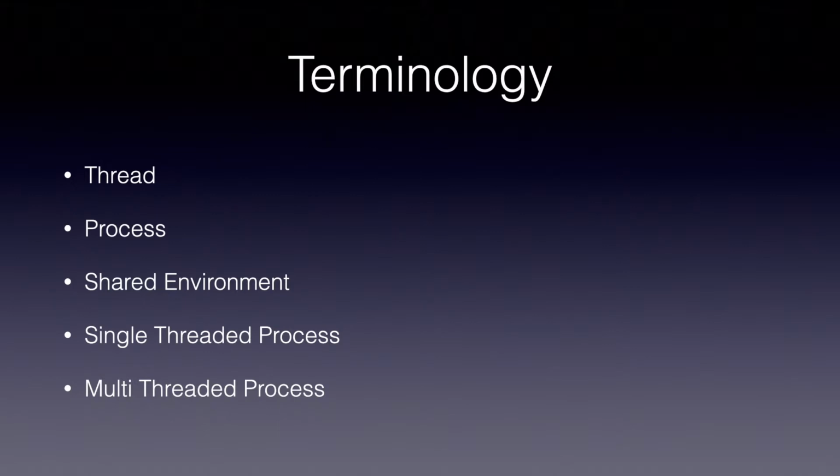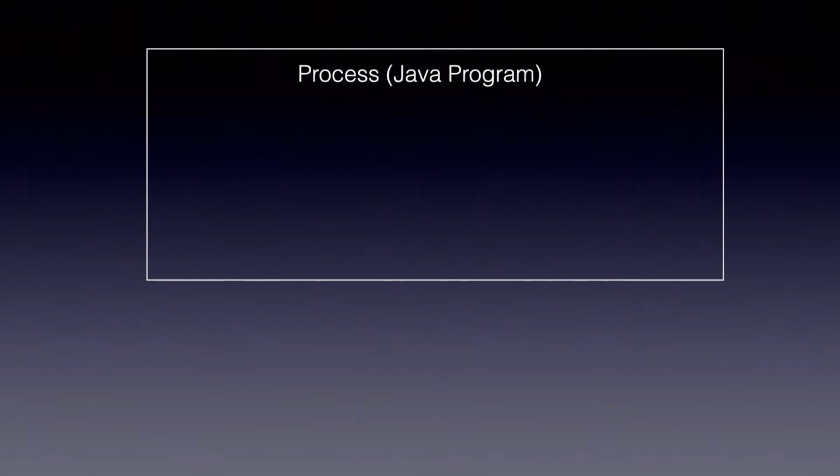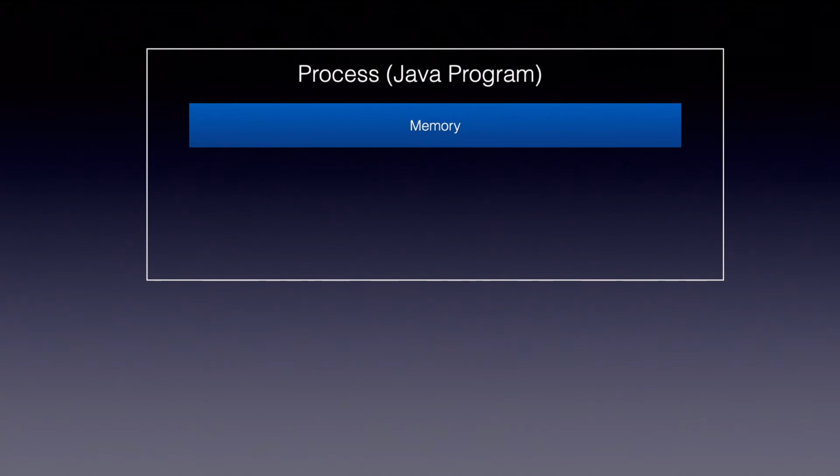A single-threaded process is a process that has exactly one thread, and a multi-threaded process is a process that has more than one thread. To show it in a diagram, let's say we have a process, and let's say it's a Java program. Any process that is run by the operating system will have a memory associated with it, where it stores all the stuff that it needs to run the program.